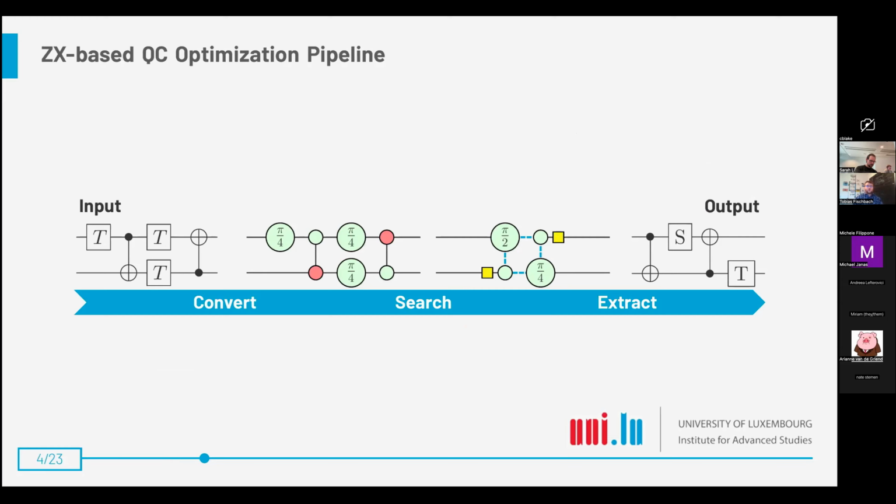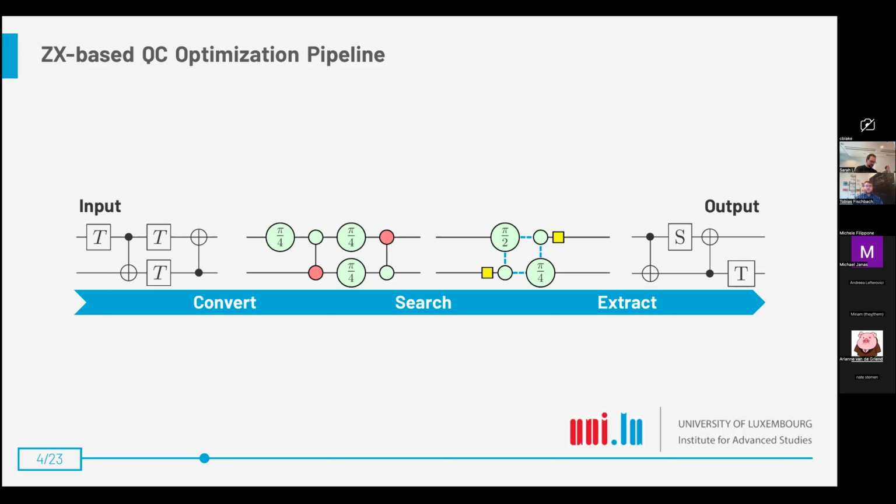First, we have a quantum circuit and convert it to a ZX diagram. Then we perform some algorithm on it. I do combinatorial optimization, so I'm more thinking about search-based algorithms. And then afterwards, we need to extract our ZX diagram to a quantum circuit again.